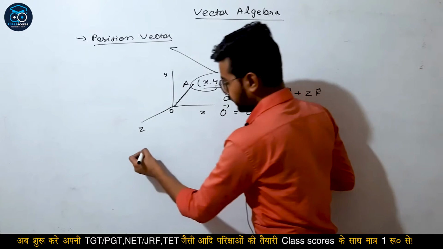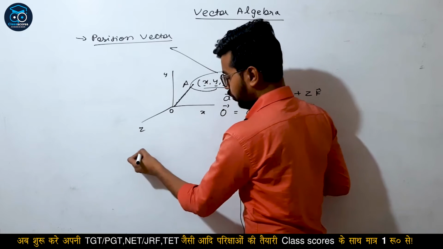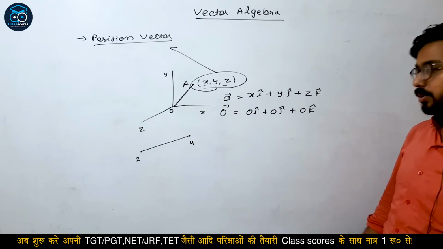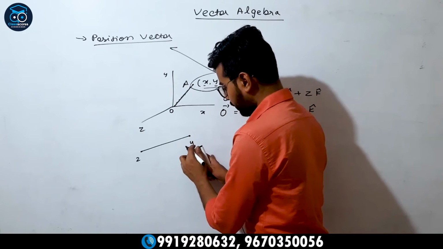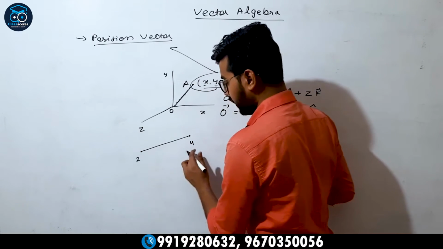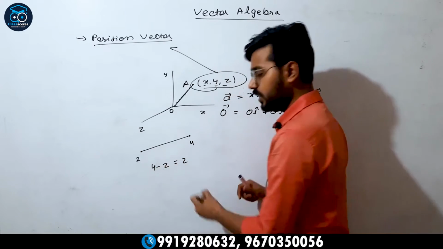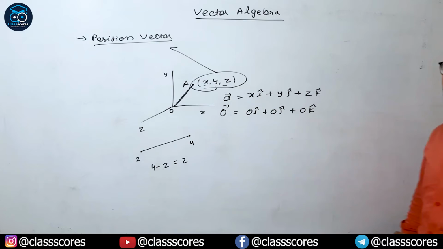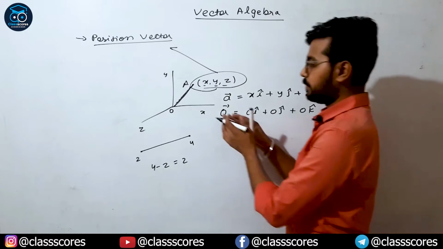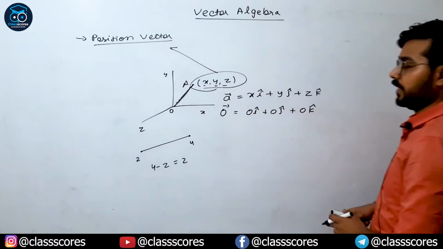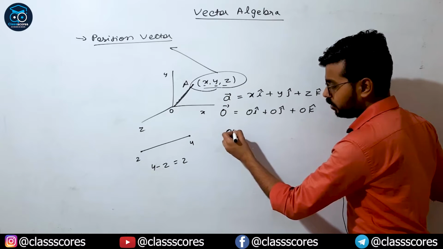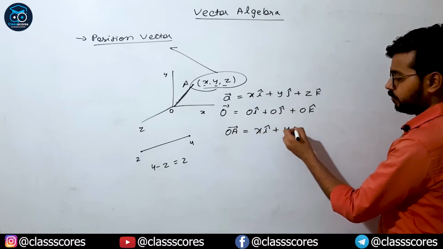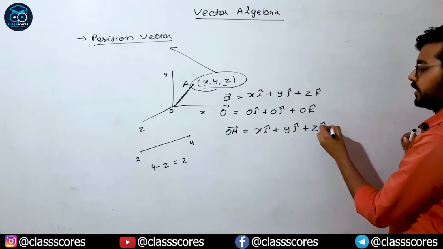Now let's take an example. If you are at point 2 and move and reach point 4, how can you find the distance? You simply subtract the initial limit from the final limit, so you get the overall distance. In the same way, we subtract the initial position from the final position. So we get OA vector equals x i cap plus y j cap plus z k cap.